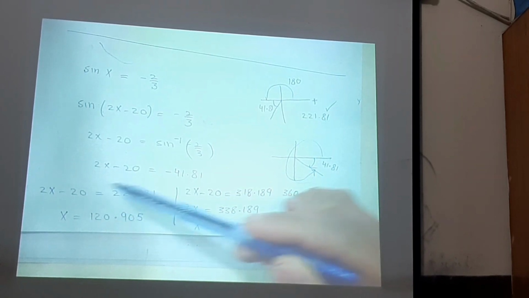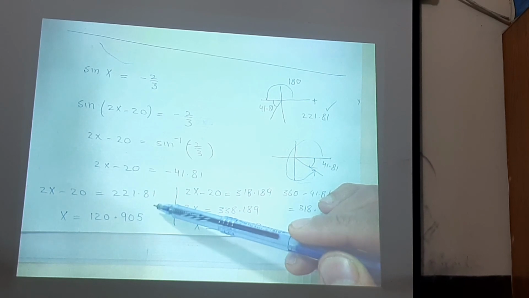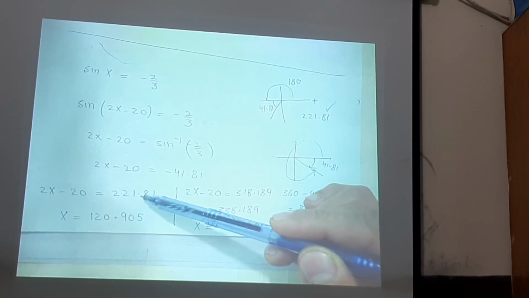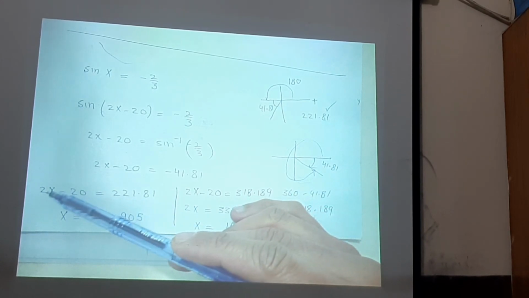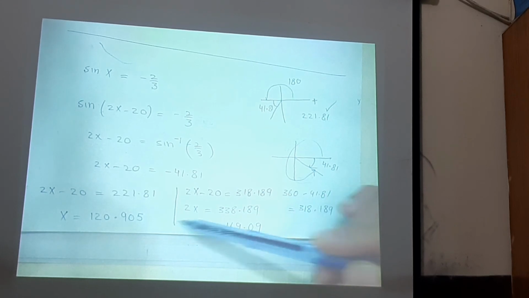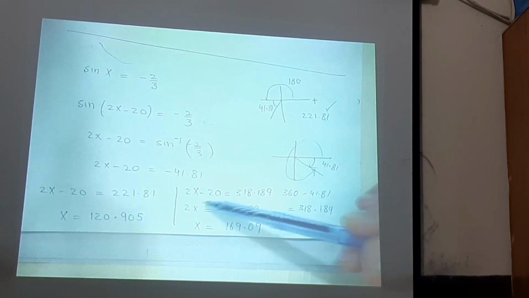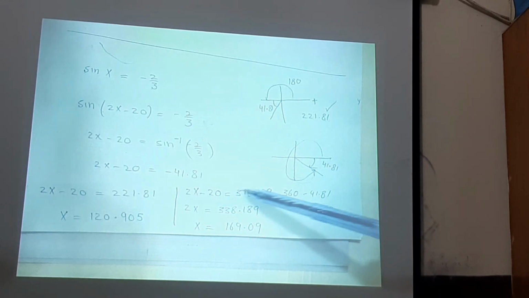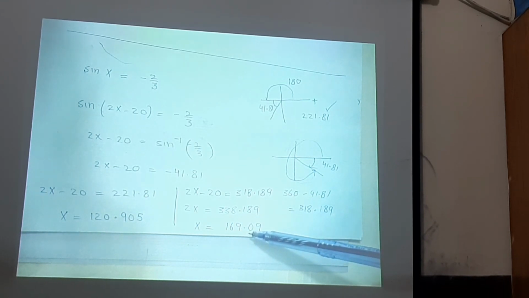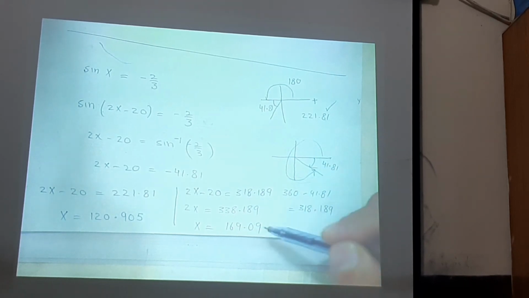Minus 20 will go to the right side, it will become plus 20, and when you add it to 221 and then divide by 2, x will be 120.905 degrees. And in the second case, minus 20 will go to the right side, it will be added to 318, it will become 338. 2 is going to the right side, 338 will be divided by 2, and your answer will be 169.09. Now these are the two values of x.